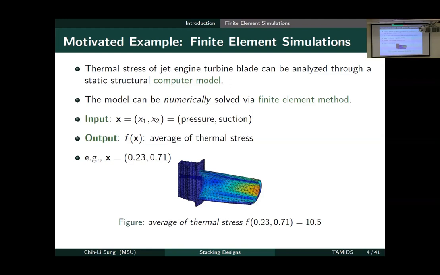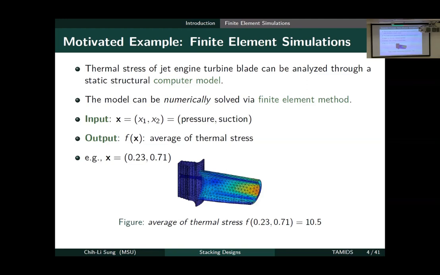It could take hours, days, or even weeks to run these very high fidelity simulations. So it's not practical to try different input locations, get your results, and then see which one is the best. As statisticians, what we can do is build a so-called surrogate model, or more generally, just a statistical model that can mimic the relationship between X and the response.